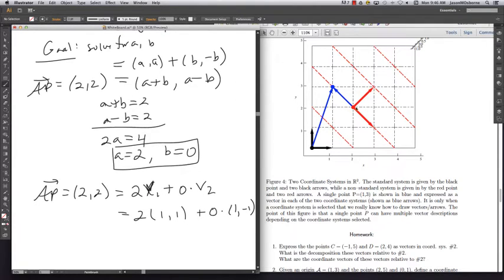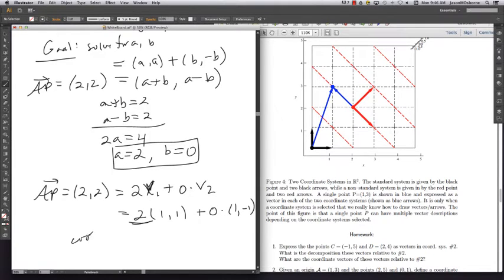So this tells me that if I want to go from this point A to this point P, I have to go in the straight line direction of 2, 2. Or you can break that into the steps. You can go 2 steps in the v1 direction and 0 steps in the v2 direction.